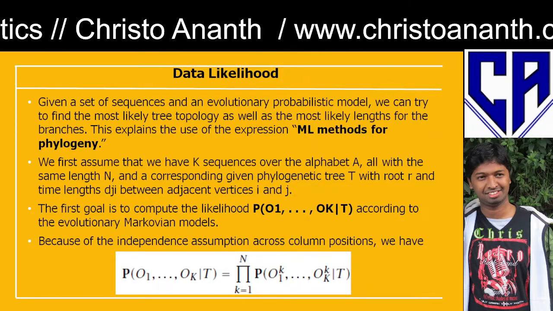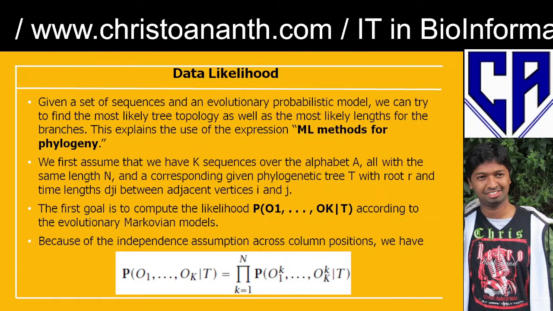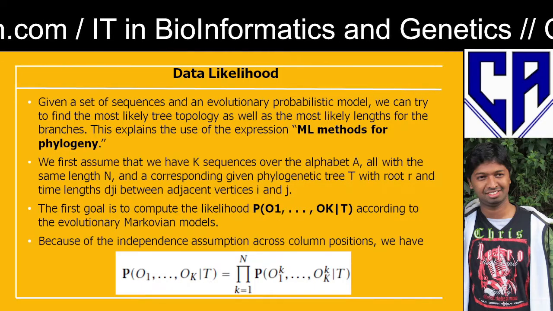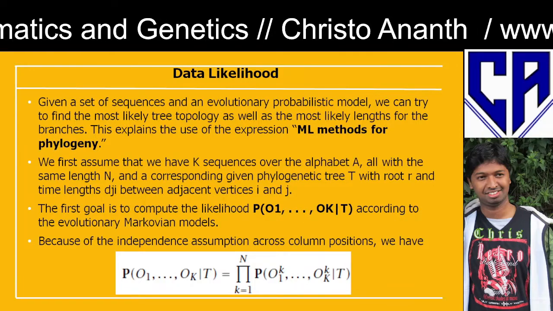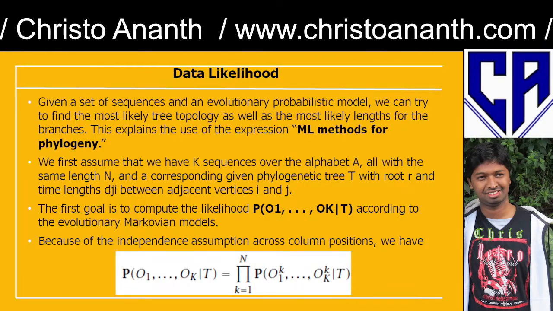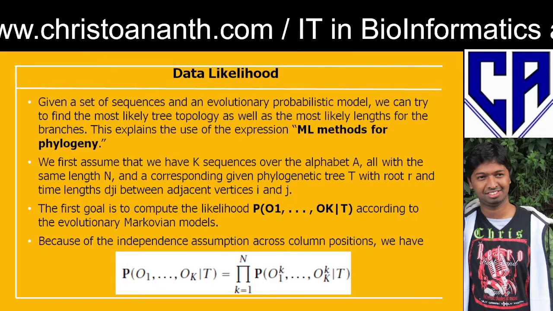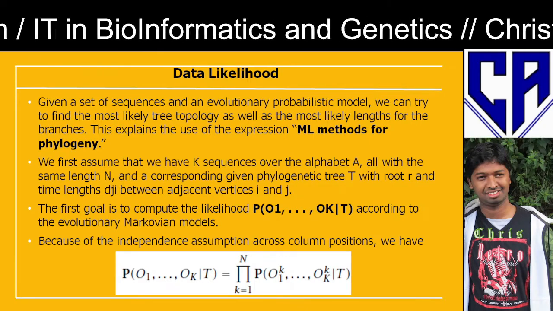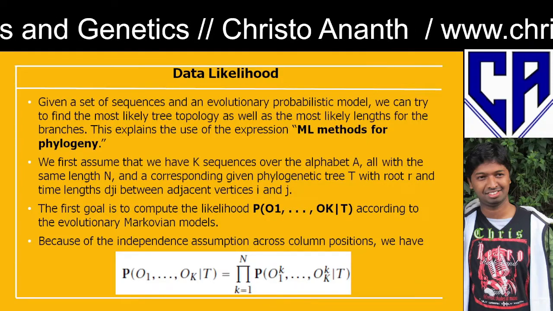So we will have P of O1, O2 up to Ok given t equal to the product over k varying from 1 to n of this likelihood P of O1 power k, O2 power k, O3 power k up to Ok power k given t. So it is actually a multiplication of factors. It is not a summation. It is given by pi, and pi means multiplication.